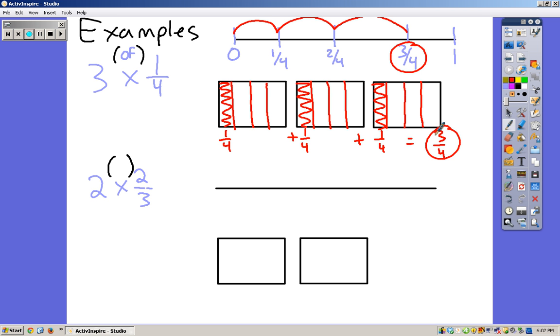Now 2/3 times 2. Again, 2 of 2/3, or 2/3 of 2 if you try it inversely. Using a number line, let's go from 0 up to 2, just to be sure that we cover all of our bases. 1's in the middle, so break each one into thirds.